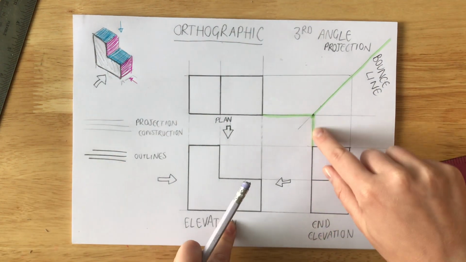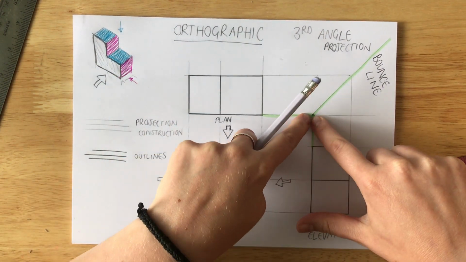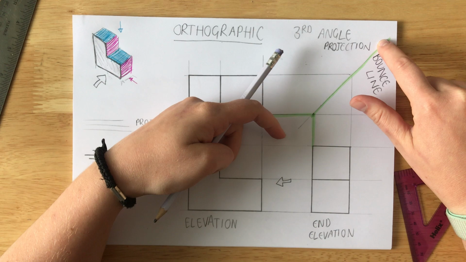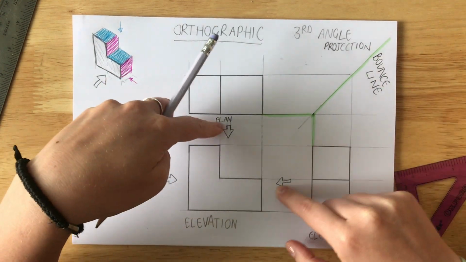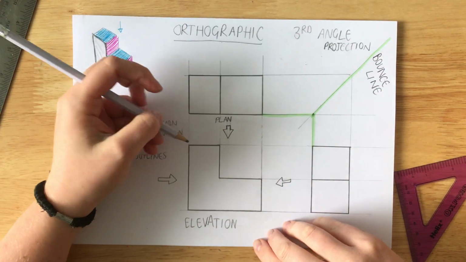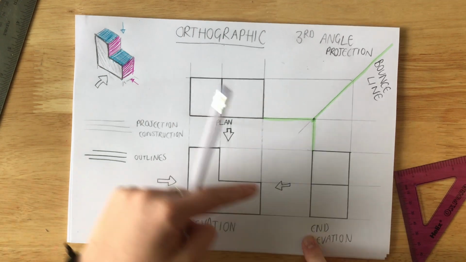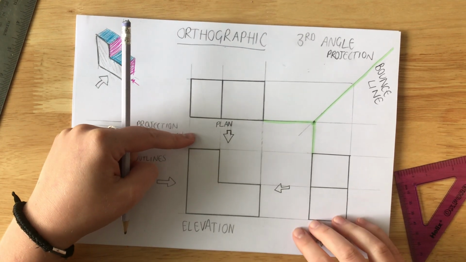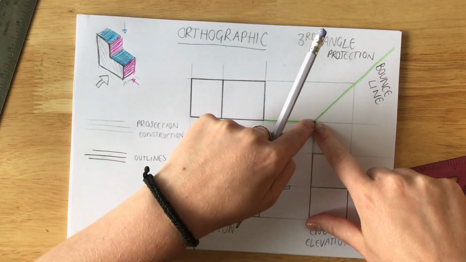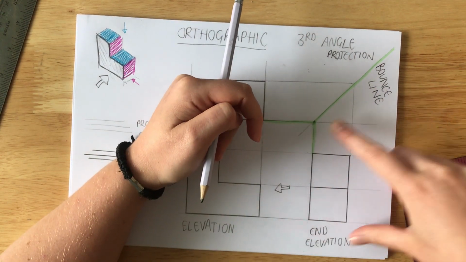So front edge, and wherever they meet, we go up at 45 degrees. The gap between these views does not matter at all. You can see I've got a bigger gap here than I do here. Couldn't care less about that. It's where they cross is where we take our 45 degrees.